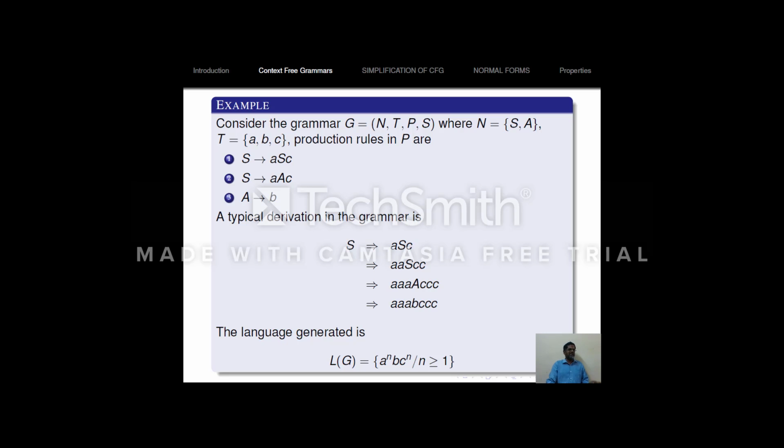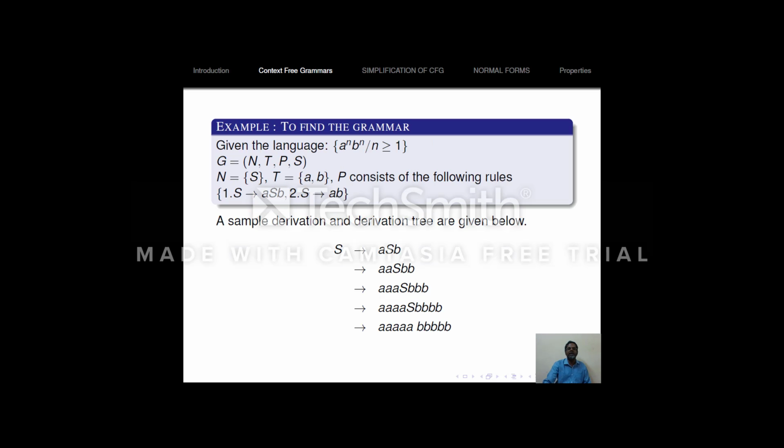Whenever this production is applied, one a is generated on the left and one c is generated on the right. But here, a should be generated on the left, and at the same time b should be generated on the right. So in that sense, we write the rule S goes to ASB.